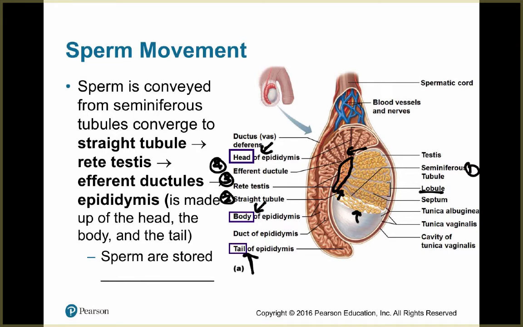Now the sperm are actually stored in the tail until ejaculation. They can be stored there for several months.